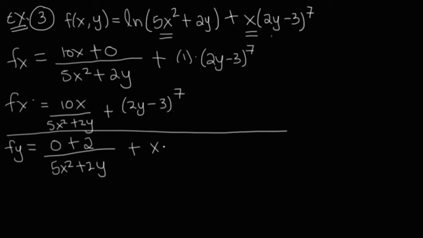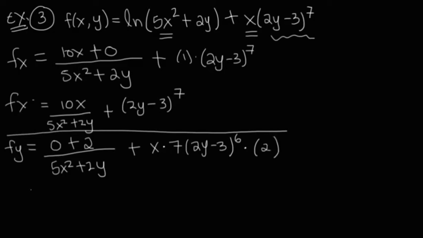For the 2y minus 3 to the 7, this is a chain rule. So if you think about the way you would take the derivative in one variable, that's how you would do it as well. You would bring the 7 down, keep the 2y minus 3 the same, take 1 away from the exponent, and then multiply by the derivative of the inside function, which in this case is just a 2.